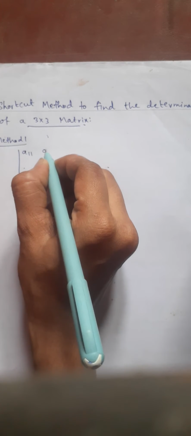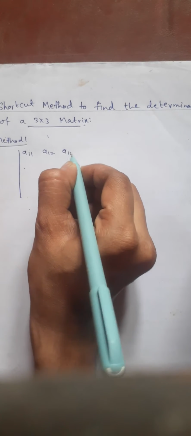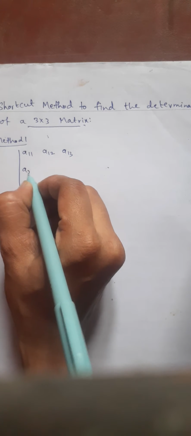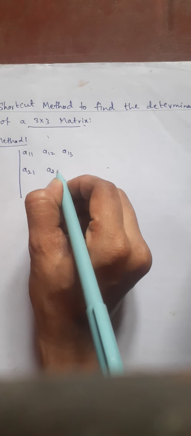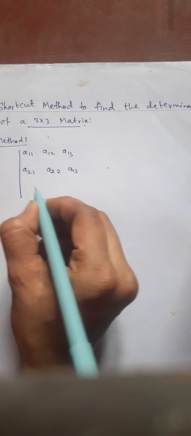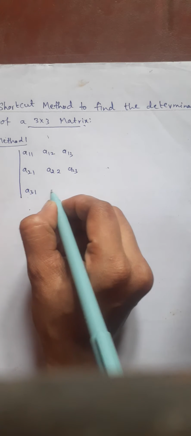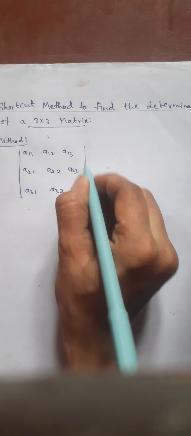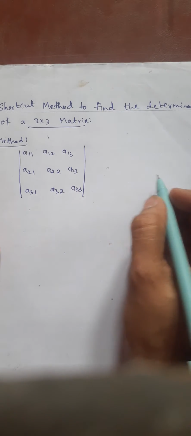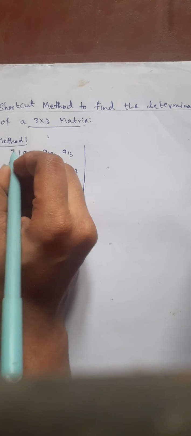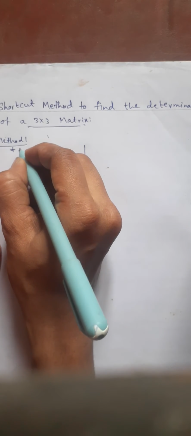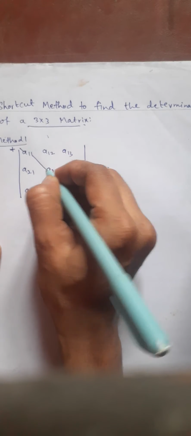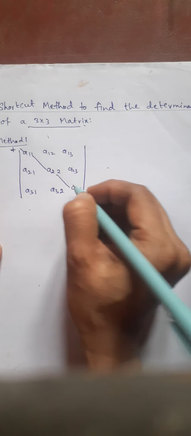A11, A12, A13, A21, A22, A23, A31, A32, A33. So take the entry A11 multiplied with A22 into A33.